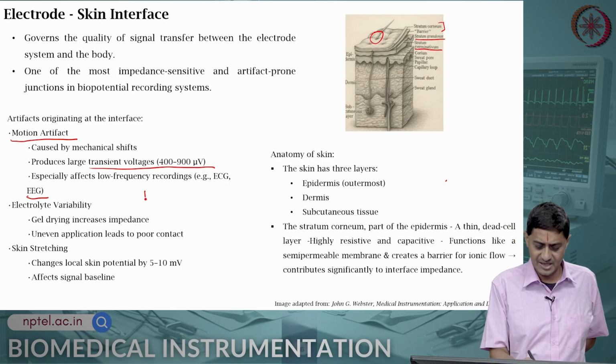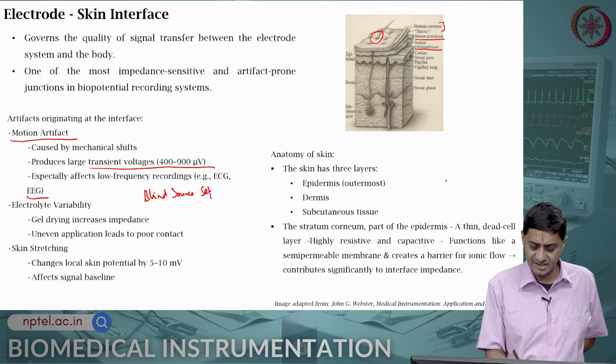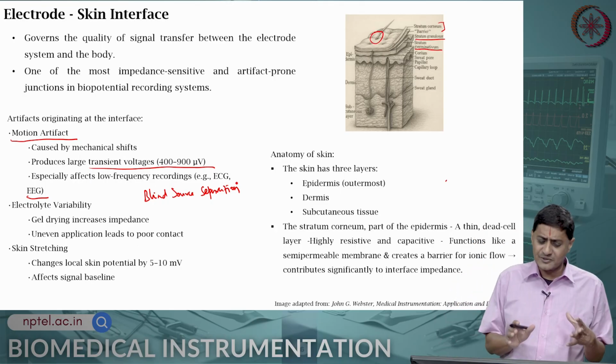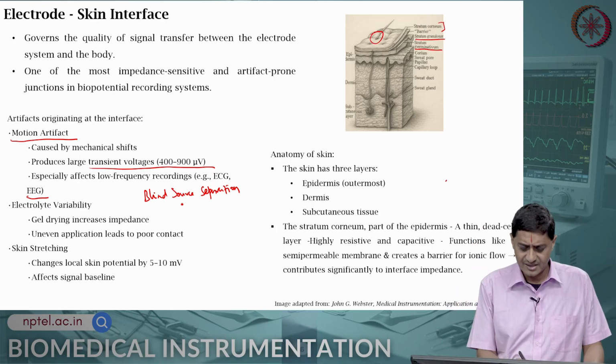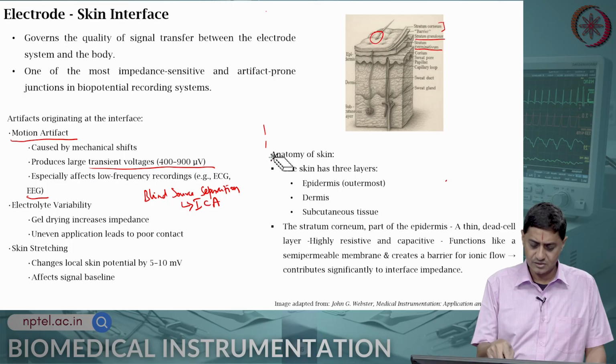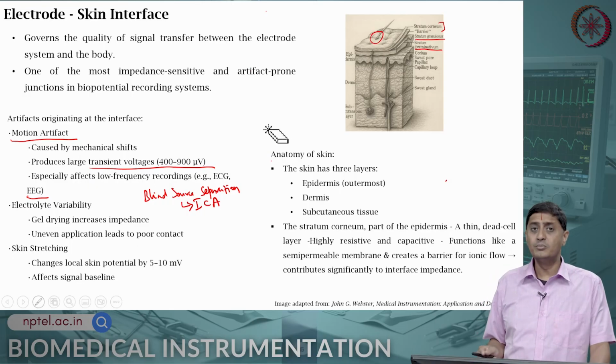What are some examples of blind source separation techniques? Frequently in the processing of EEG, a technique called independent component analysis is used to do blind source separation.